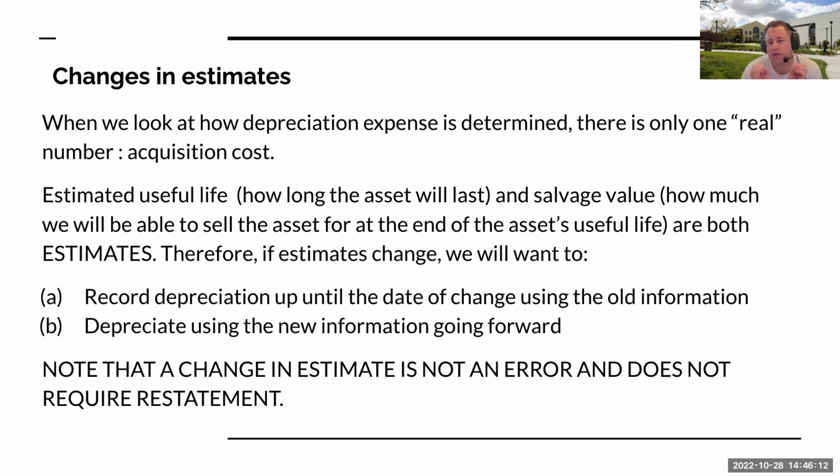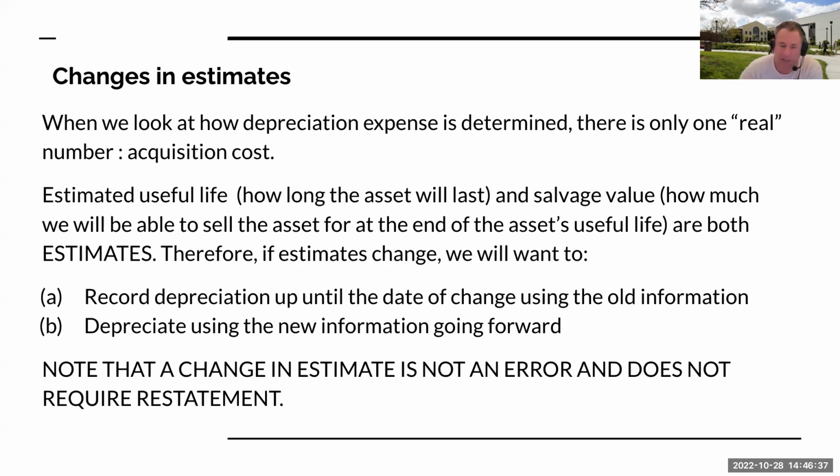Because those are estimates, if we're wrong, it's okay. But what we're going to want to do is record up until the date of change using the old information. Then we're going to depreciate using the new information going forward.